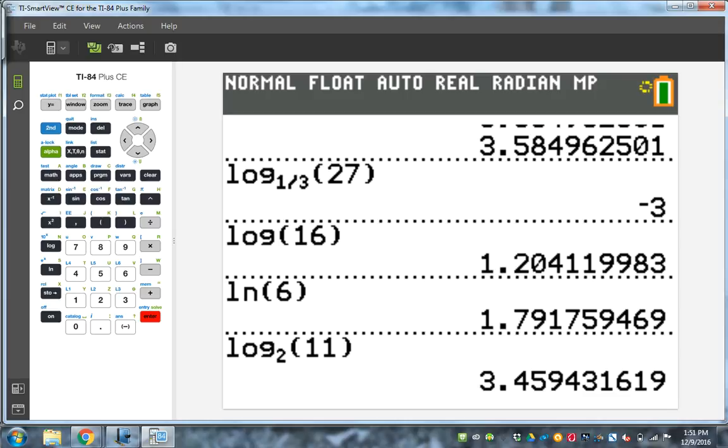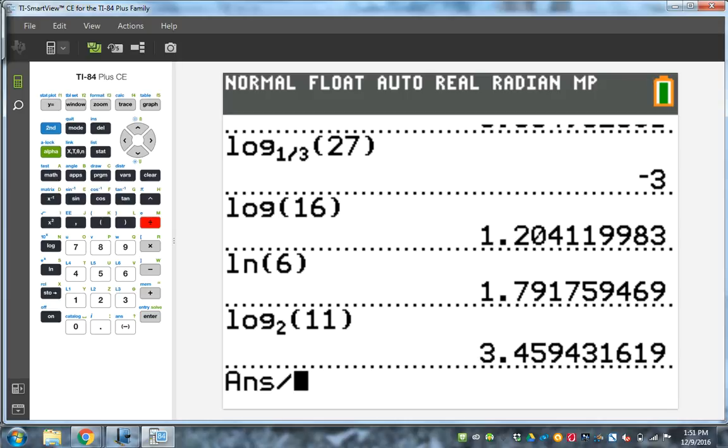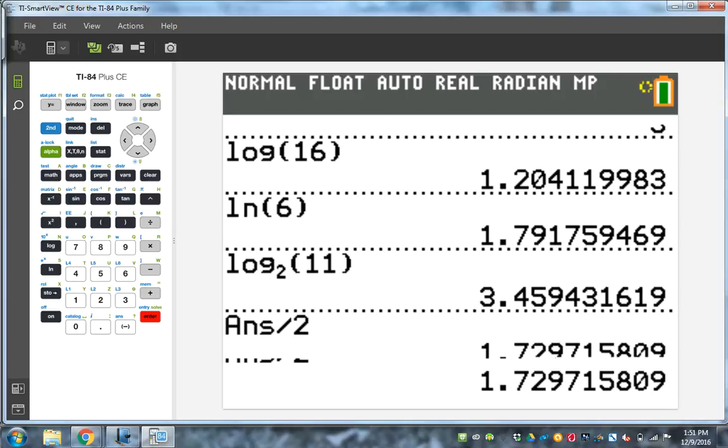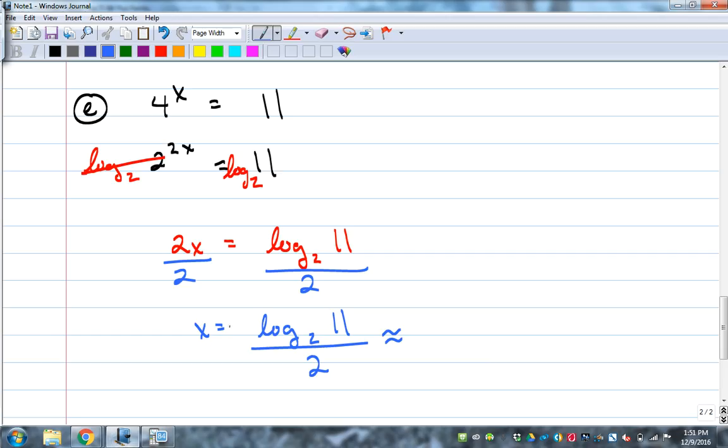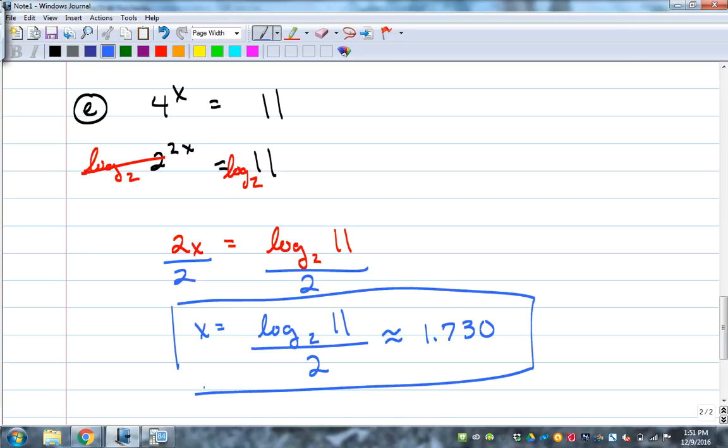I'm going to get that answer, and then I'm going to divide it by 2. And 1.729... 1.730 if we're going to round it to 3 decimal places. This would be our answer, exact and decimal approximation.